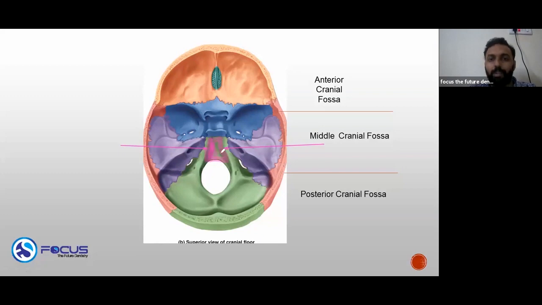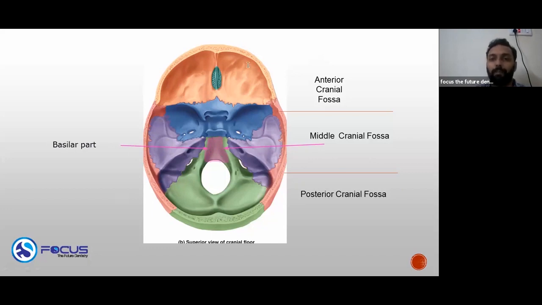Now this is known as the basilar part of occipital bone, the one which I've painted in purple color now. Just wanted you to remember. Later we might come across this particular term.